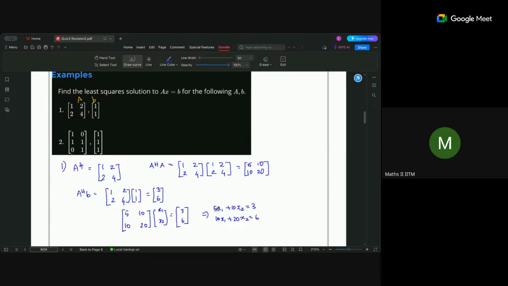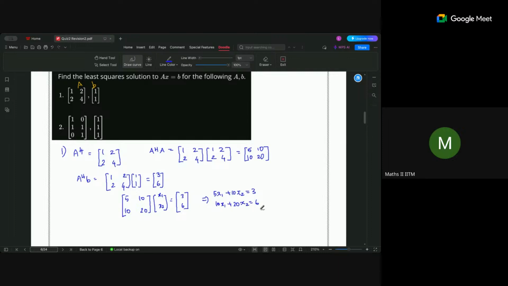So twice the first equation is the second one, right? Both equations are the same except for the multiple, so you can just consider one: 5x1 plus 10x2 equal to 3. So how do you find a solution if you have two variables and one equation?